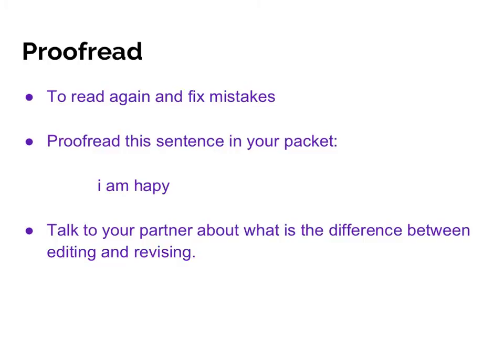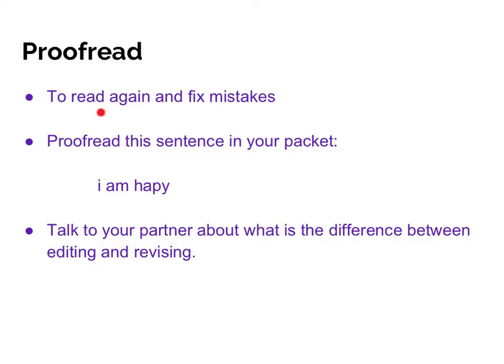Now go to the very top of page 7 and find the word proofread. So to proofread is to read again and fix mistakes. So what you are going to do in the third column of your packet is, here is a sentence.